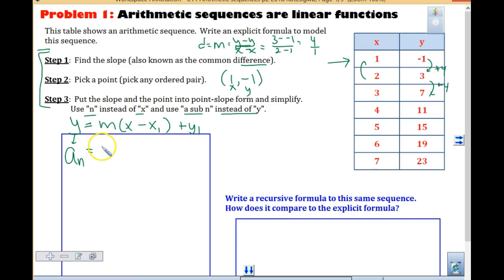So for slope, we might use d, our common difference. n instead of x, n minus, what was our point? Well, x was x1 and y1. We had 1 plus negative 1. So a sub n is equal to 4(n minus 1) minus 1. This is for n greater than or equal to 1.